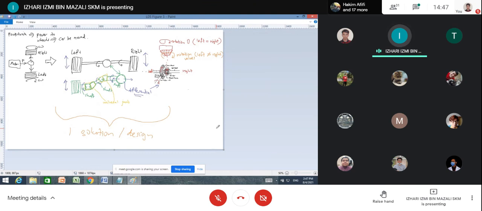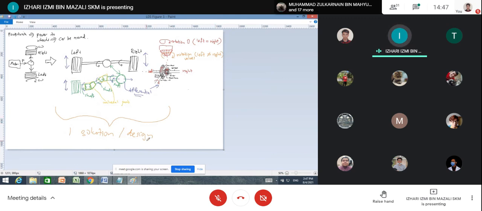That means the first step is to solve the function of that specific system. Just now I showed you how to solve the function of the system that we want to design. Make sure this is just solving the function.